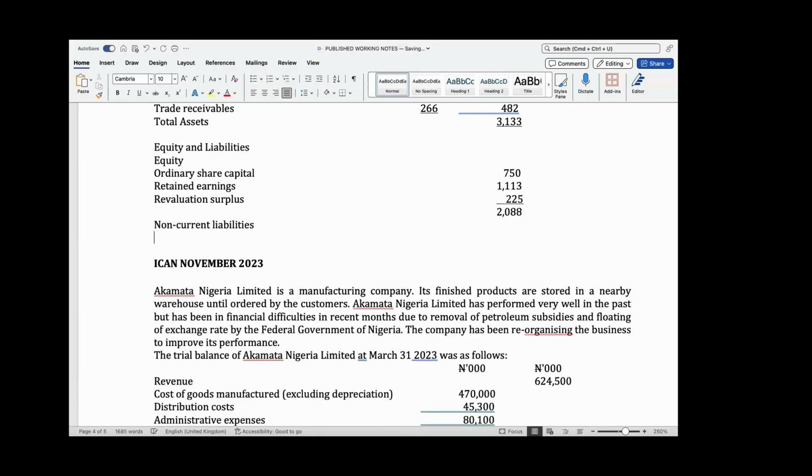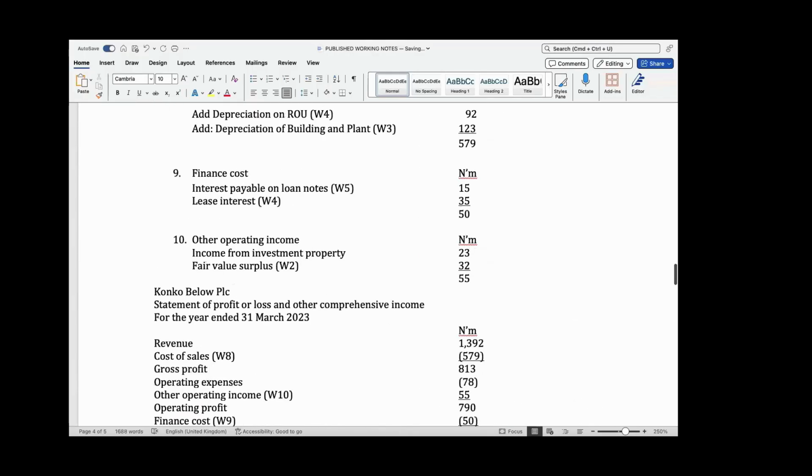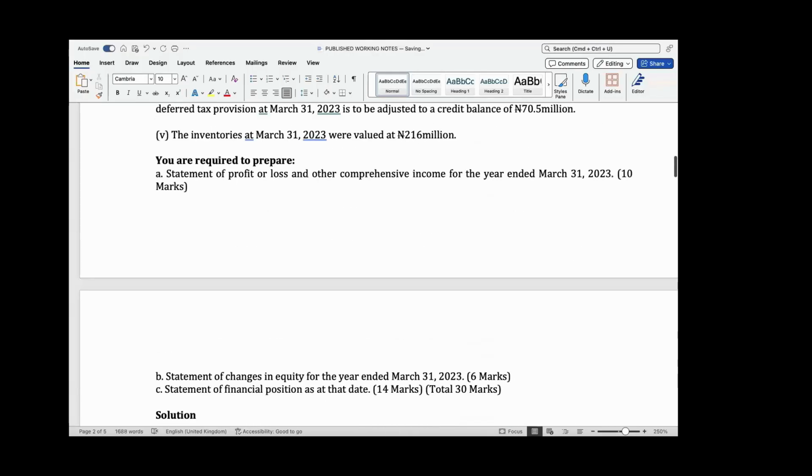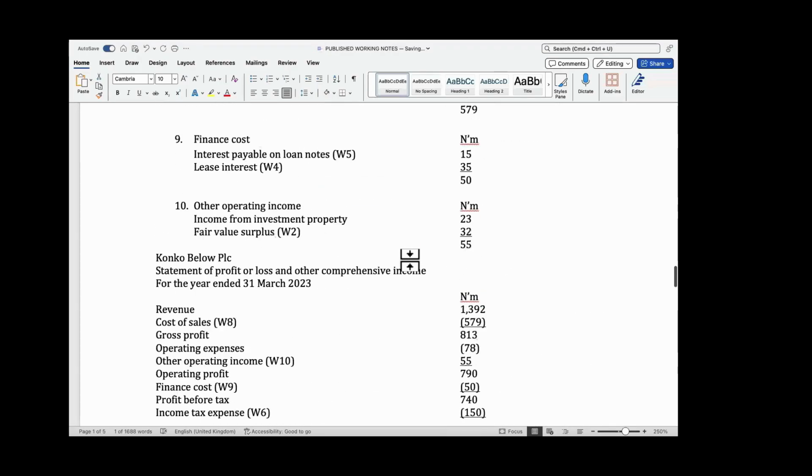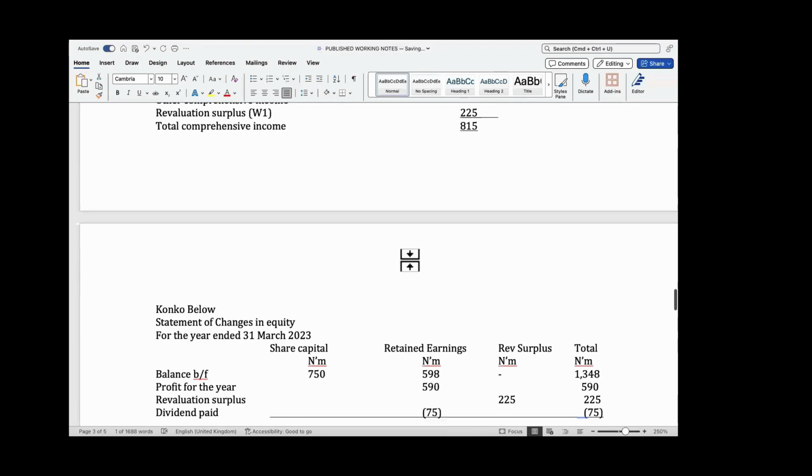Then I have my current liabilities, which is that loan notes, the trial balance of 250. Loan notes in the trial balance of 250.